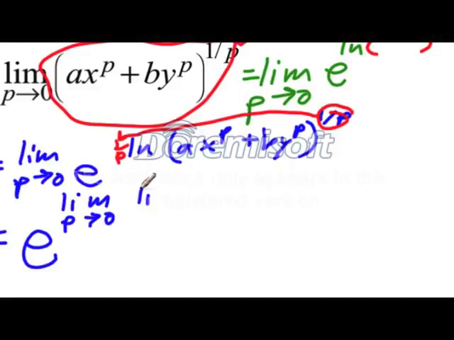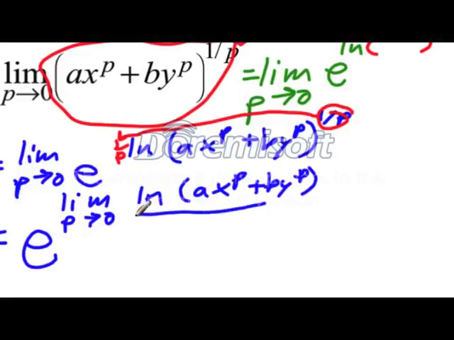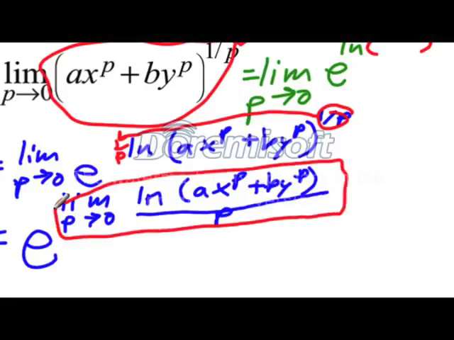Now I'm going to rewrite it this way, the natural log of ax to the p plus by to the p, all over p, and this limit that I've just written up top here is exactly part A. So you can plug the answer to part A in there and it's e to that.